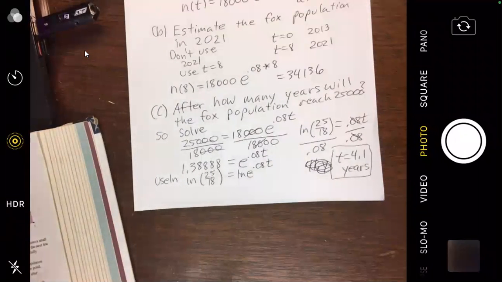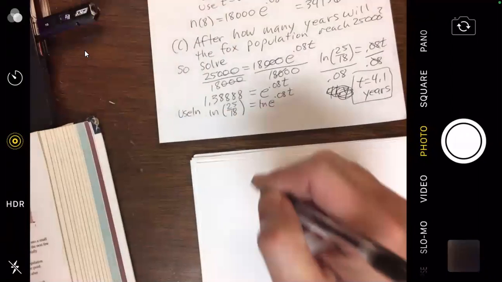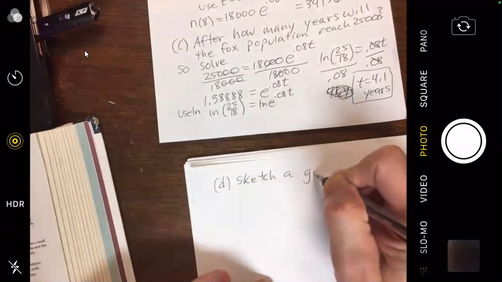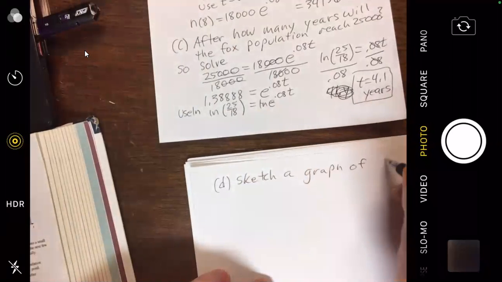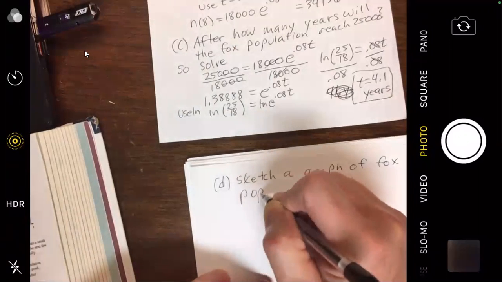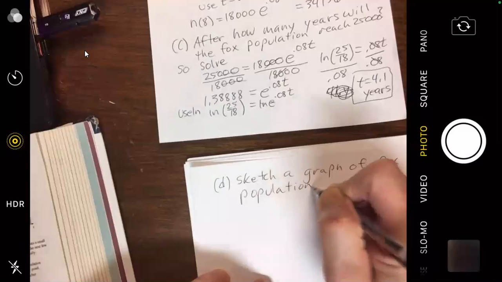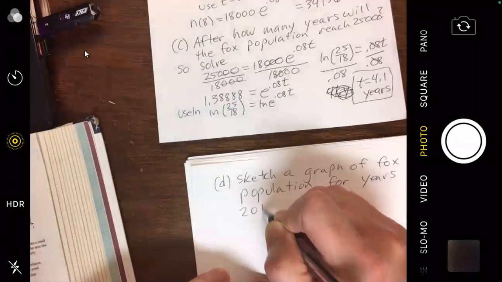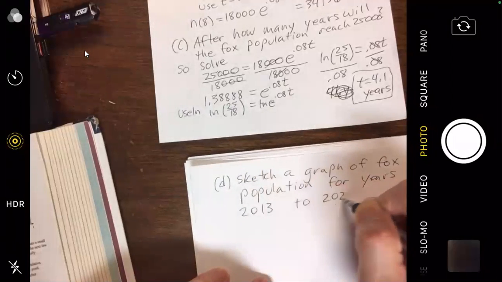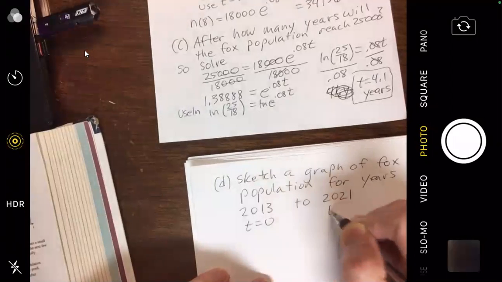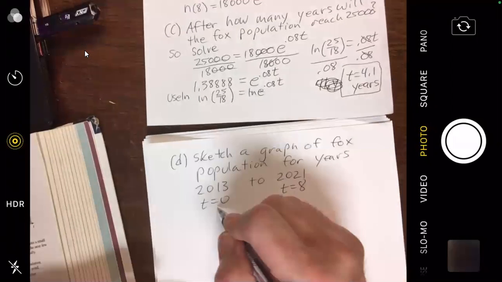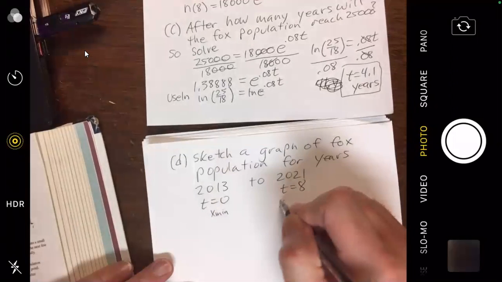Okay, sketch a graph of the fox population for 2013 to 2021. Again, this will be t equals 0 to t equals 8, like your x min, x max.